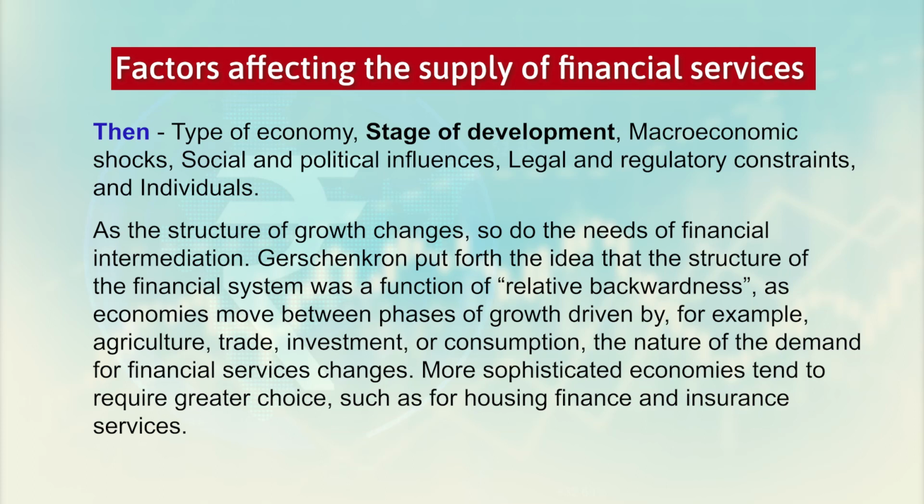As economies move between phases of growth driven by, for example, agriculture, trade, investment or consumption, the nature of demand for financial services will change accordingly. So more sophisticated economies tend to require greater choice, such as services for housing or insurance. These are missing in the context of agricultural economies.